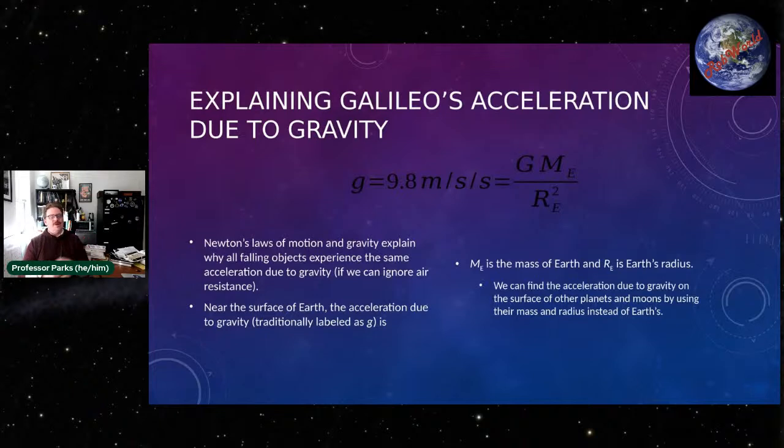So what about this 9.8 business? Well, simply put, if you just put in the numbers for G, you put in the numbers for the mass of the Earth, you put in the numbers for the radius of the Earth, and you square it, then you get a number that is 9.8 meters per second squared. If you want to get precise about it, and you're thinking to yourself, well, the acceleration due to gravity actually changes with height, well then great.